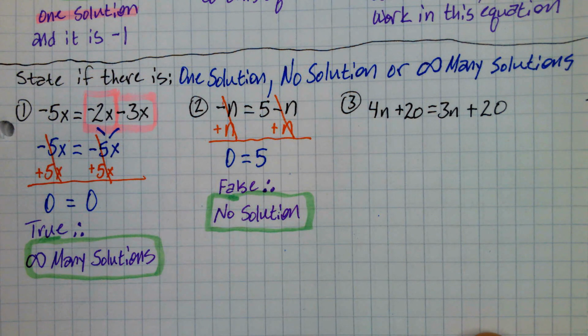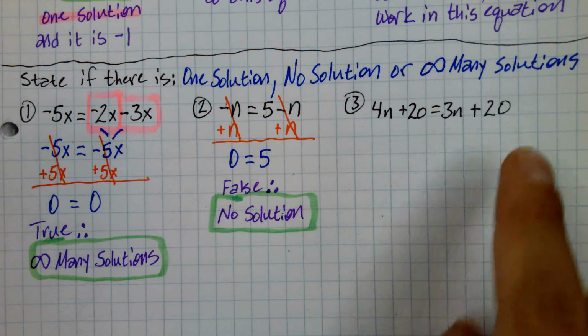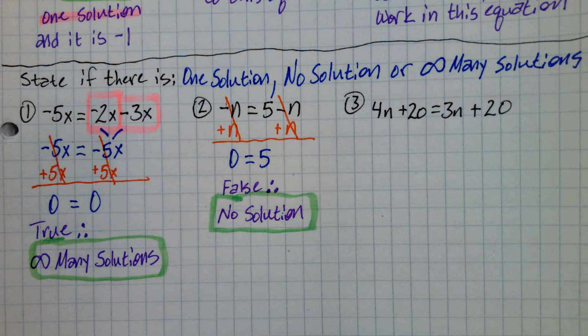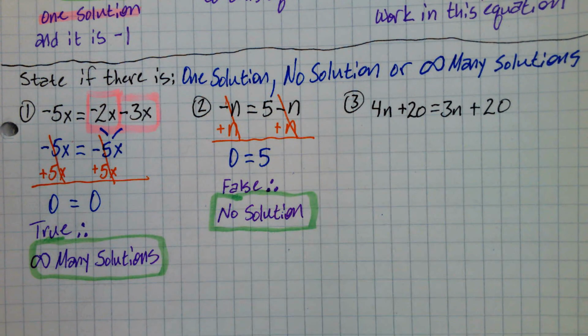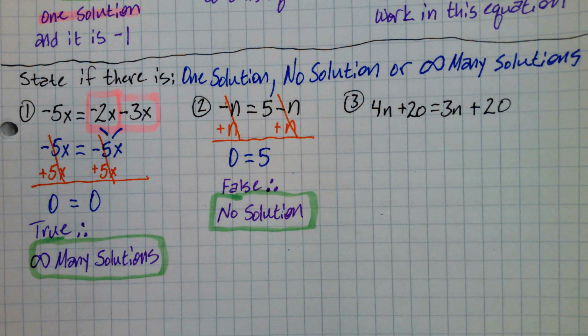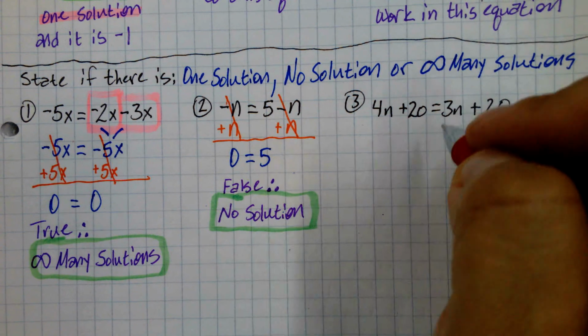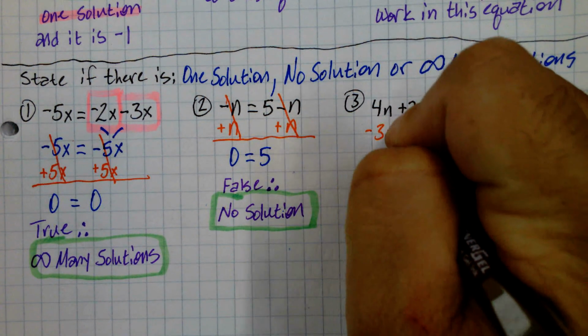So definitely no distributing, no parentheses, so we don't distribute. Can we combine like terms on either side? Yeah, nothing on either side that I can combine. I do have variables on both sides though, right? Yeah, we can get rid of 3n. Let's do that. Minus 3n. And minus 3n.